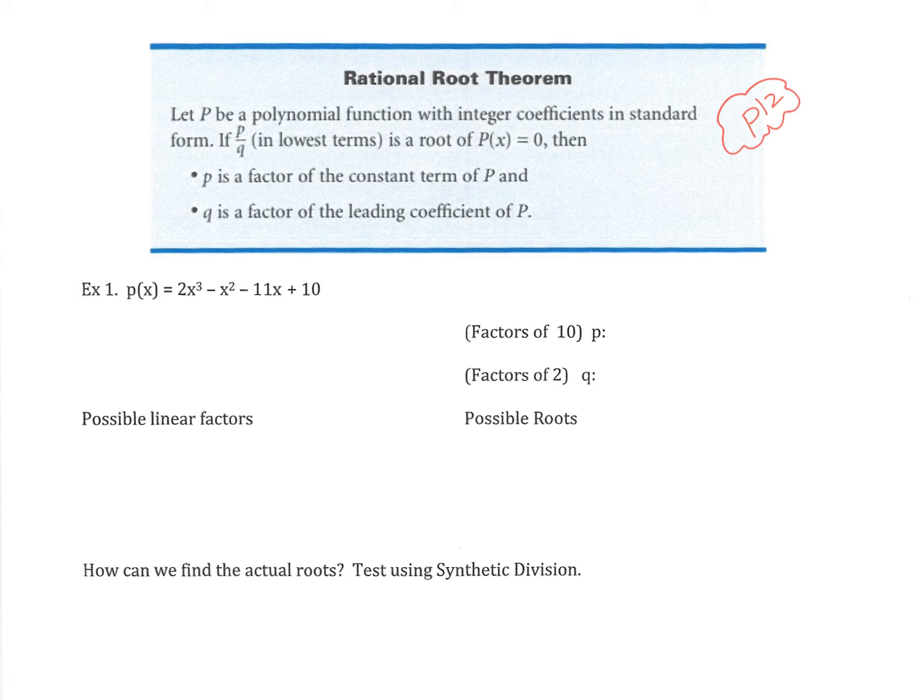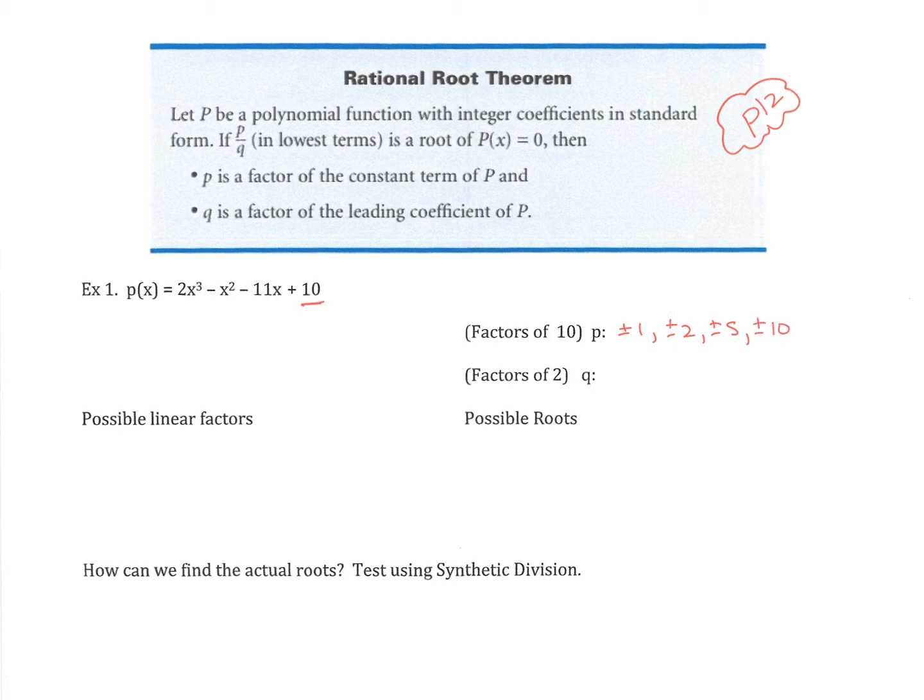So first of all, I look at the last term, my integer, and I try to think of the things that would divide evenly into 10. And so the things that would divide evenly into 10 are things like plus or minus 1, plus or minus 2, plus or minus 5, and plus or minus 10.